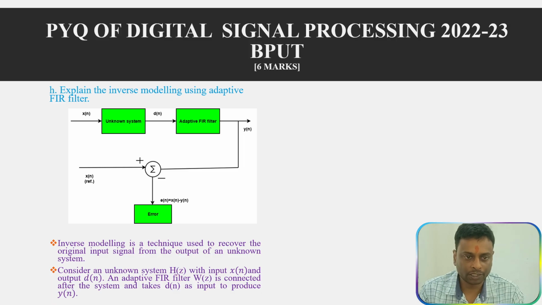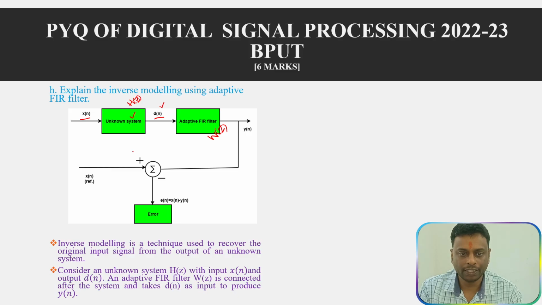It takes the input x of n and the output is d of n. The adaptive FIR filter W of z is connected after the unknown system.